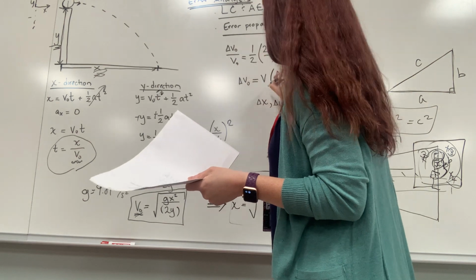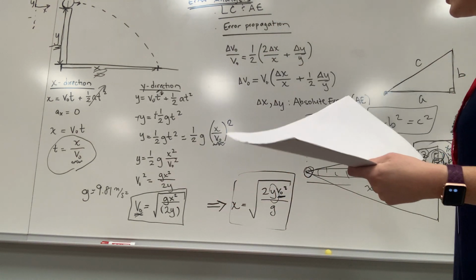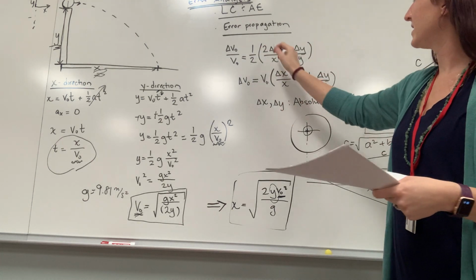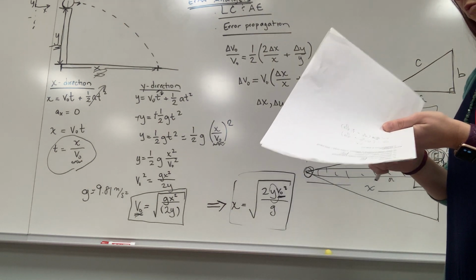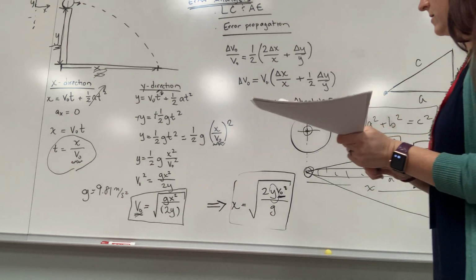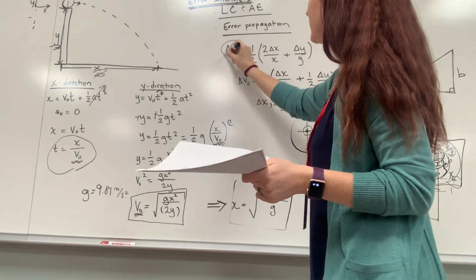So using the formula we found from before, anytime you have multiplication or division, you're looking at simply adding together these errors, okay? So we saw in week 1, you're taking your delta V naught over V naught. So delta V naught is what we are hoping to solve for.